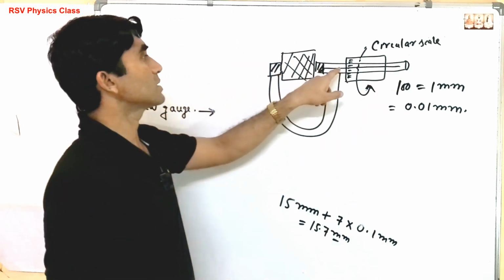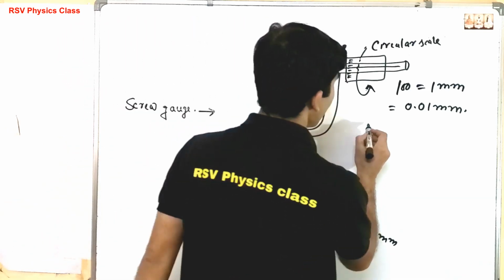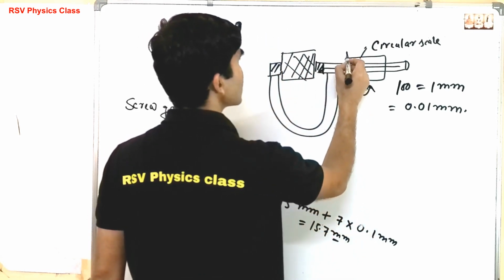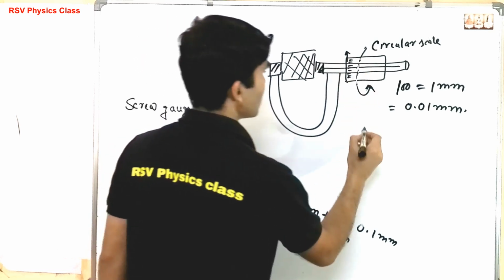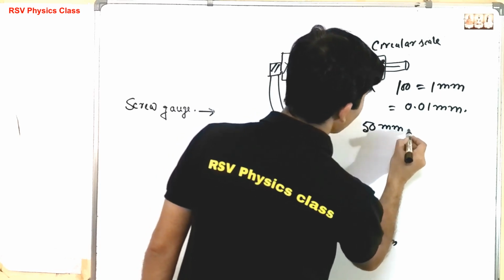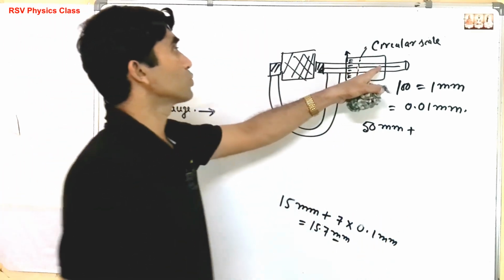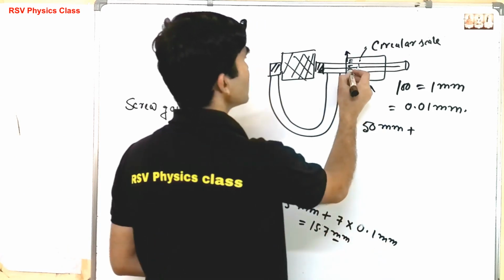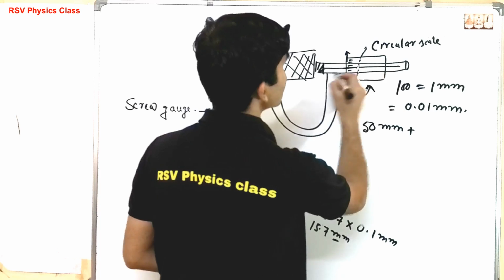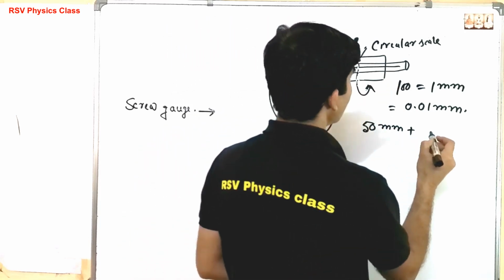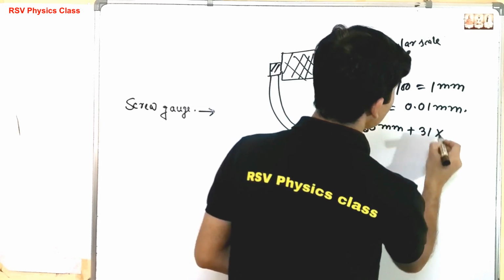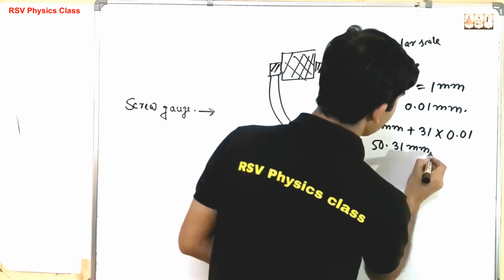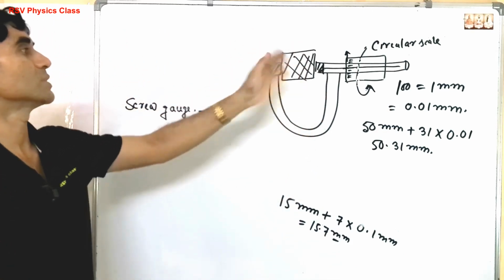In this linear scale there is a meter scale, and let's see, it is a 50 count here. So how far has this scale gone here? Let's say the position is 50 mm plus the screw's circular scale portion; how much of the circular scale matches with this meter scale is important. Let's say it is 31 into 0.01 mm. So 50.31 mm will be the actual distance of this screw gauge.